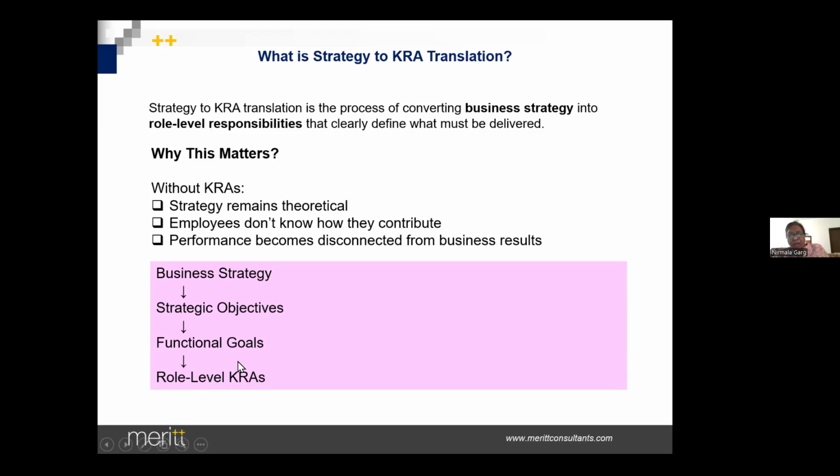If Aarti as an HR head is doing something which is not at all aligned with the business strategy, what happens? There will be a disconnect with the business goals. Totally disconnect.